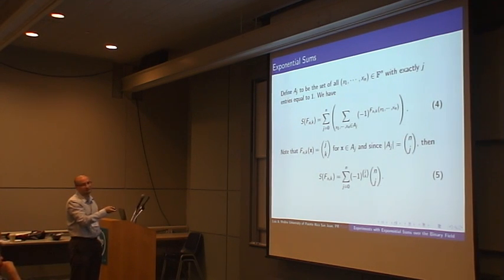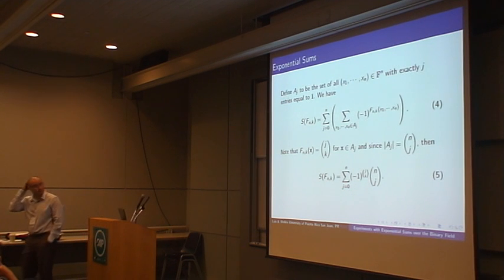It's actually given by this for every one of them. Since the cardinality of our set is that, our exponential sum is this. Of course, the right-hand side is okay if n is less than k, the other one is not. But I will ignore that, and I will concentrate on this. That's the object that we will now study.